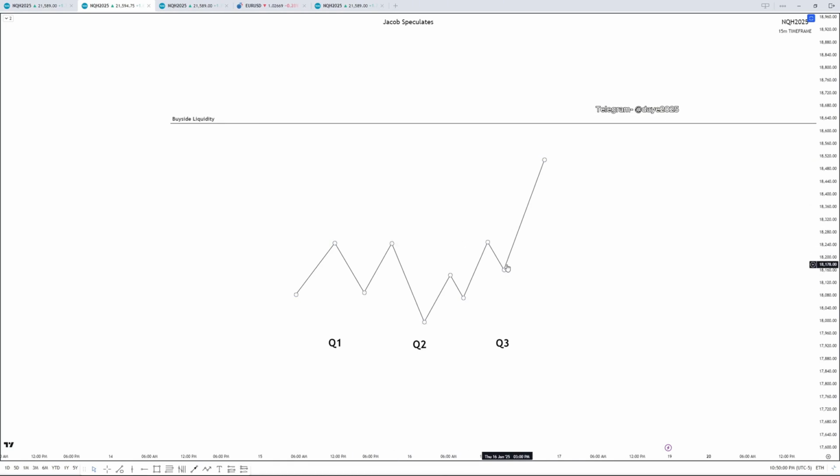So does that make sense? But this is uncommon. New York AM session is where you want to see the higher low of the day form.